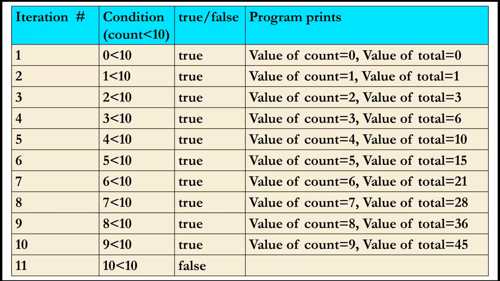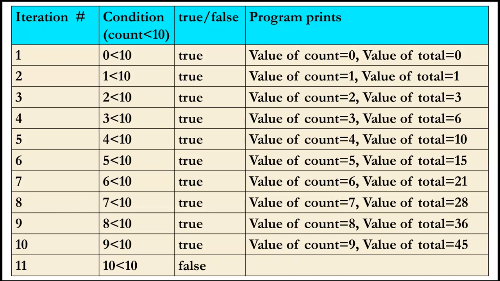Now here is how it happens. In the first iteration, the condition becomes 0 is less than 10, and this evaluates to true. The program prints value of count equal to 0 and value of total equal to 0.